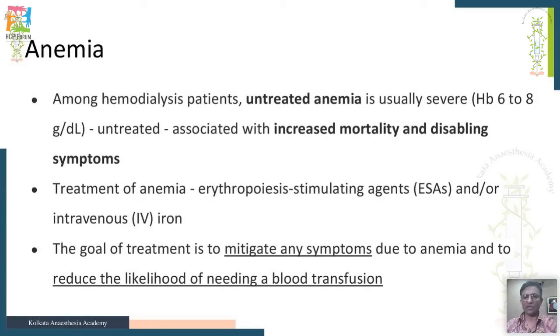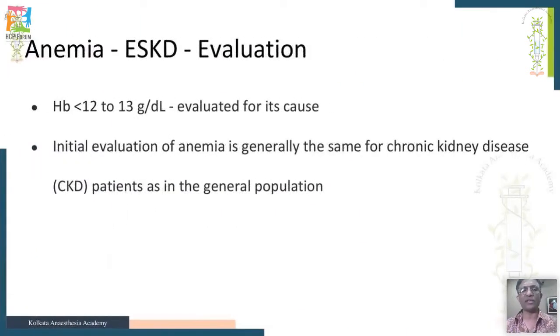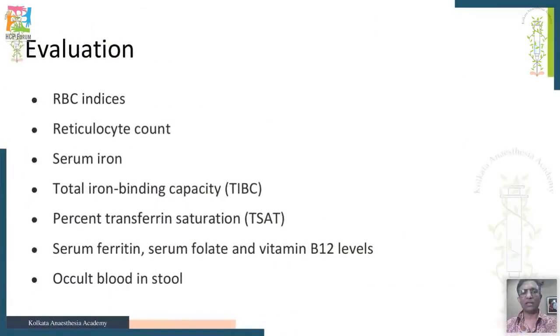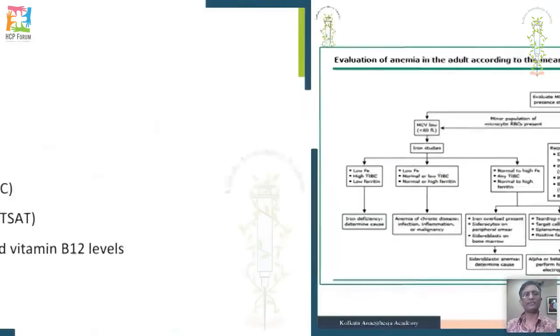PRBC transfusion, as you remember, because always keep in mind, these are potential candidates for a renal transplant, and you don't want them to receive a kind of antigenic insult. So if hemoglobin levels are less than 12, evaluate like you would do. Same plethora of studies, find out the iron levels, or whether the person is losing RBCs.